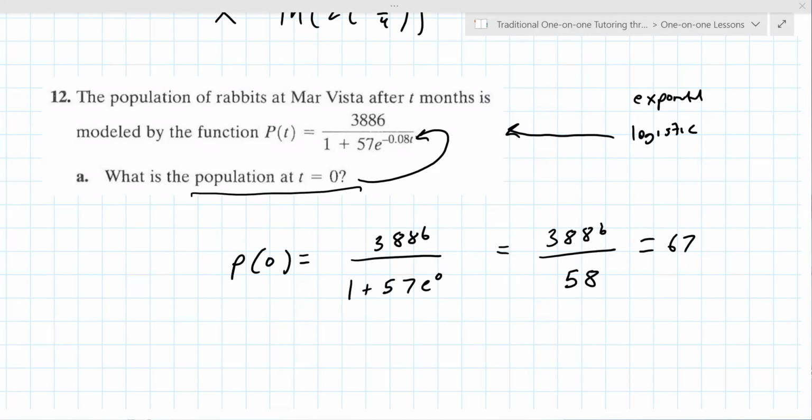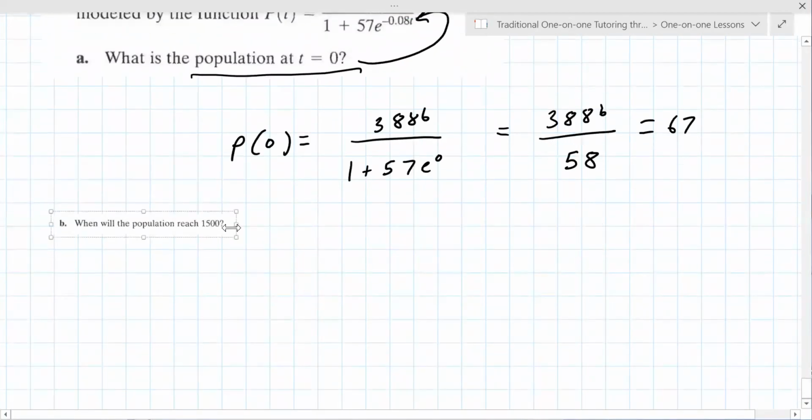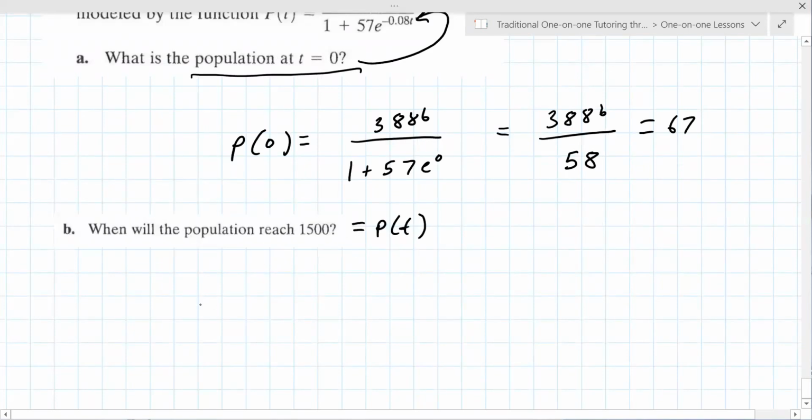Okay. Part B. Part B says, when will the population reach 1500? That's P of t. That's what P of t equals. So we set the original function, the thing on the right hand side, equal to 1500.